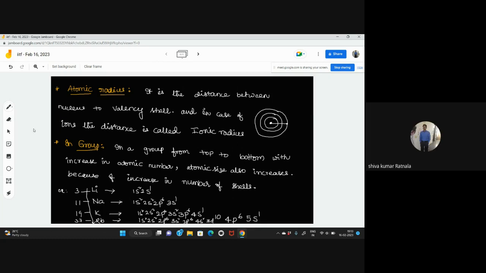Now if you observe, what is the valence shell here? There are two shells here, here the third shell is the highest, this is the fourth shell, and this is the fifth shell. So as the number of shells increases, obviously the size will also increase. Yes or no? Yes, sir.